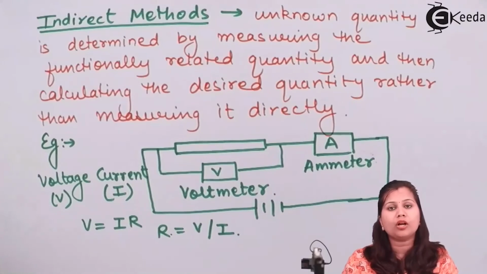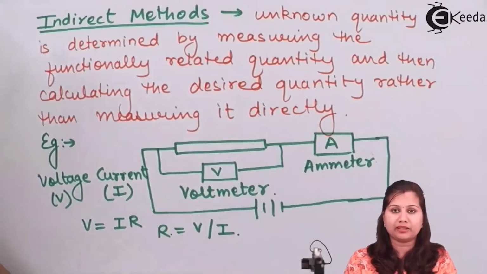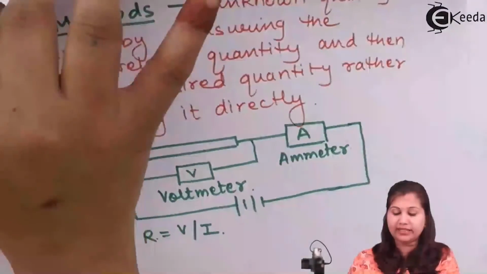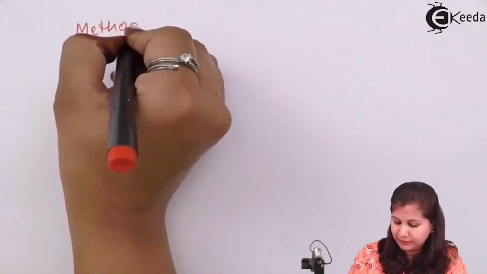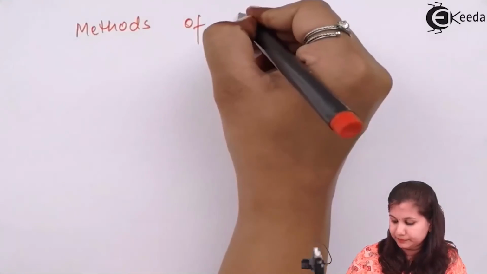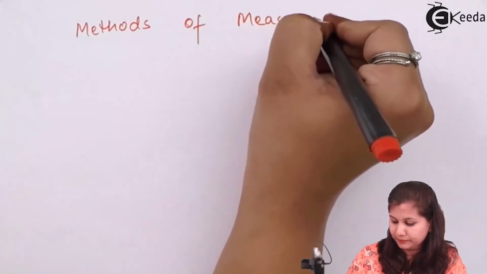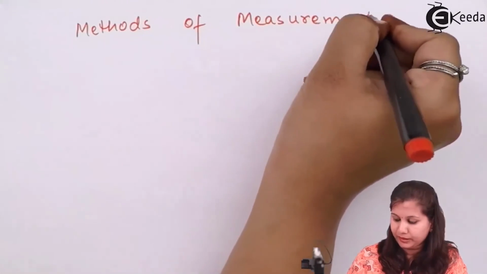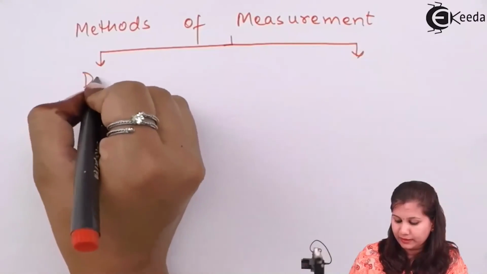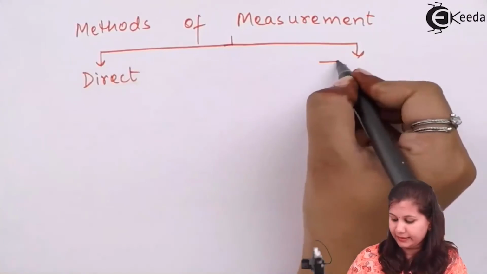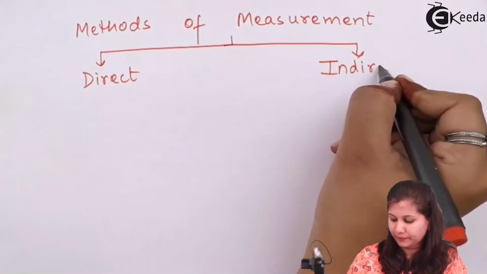Okay, so in this video we studied the various types of methods of measurement. We studied how they are classified. If we form a chart of it, methods of measurement are classified into two types, direct and indirect.